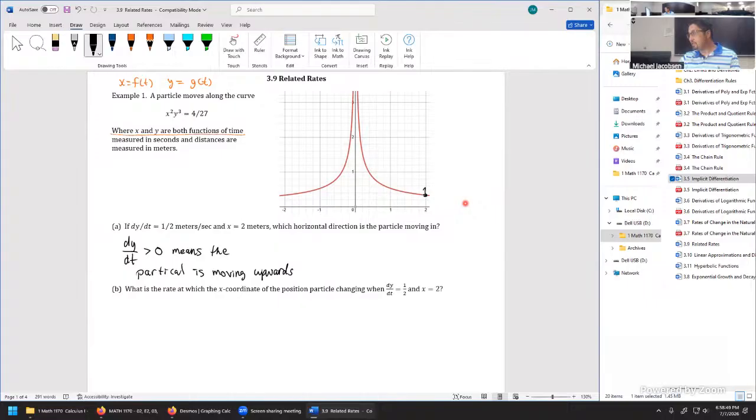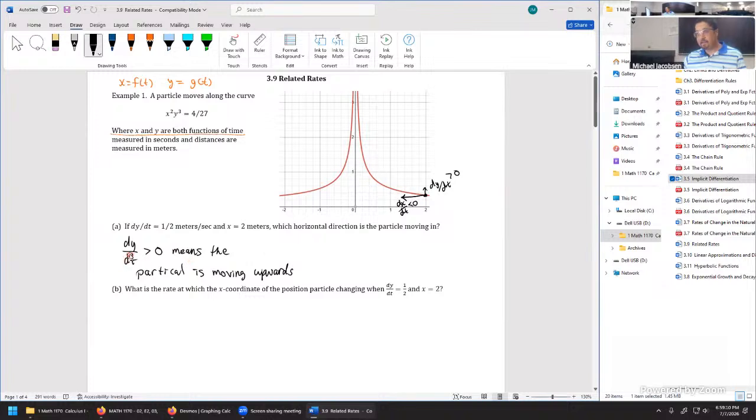So if it has a positive derivative, dy dt greater than 0, that means it's going this way. Dx dt is less than 0. It's moving to the left. So that means it would have a negative derivative altogether.